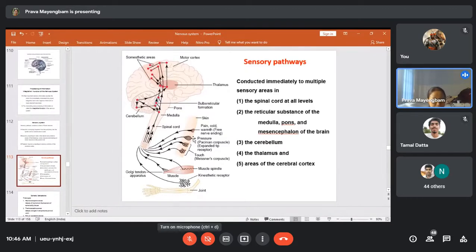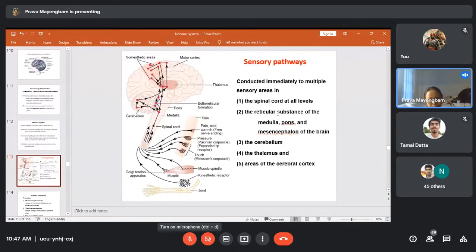As for their pathway, the sensations from the different sensory areas are conducted immediately to multiple areas in the spinal cord at all levels. The sensations received from different locations go to different levels of the spinal cord.